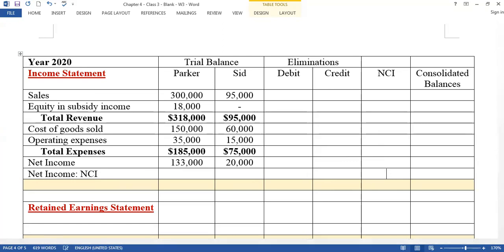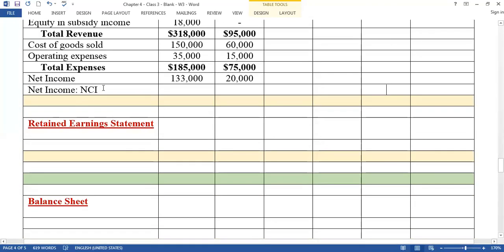We have to create a new cell for net income of NCI. Now we can create a total net income. This is the total column, because we have several net incomes, right? So we make it now as a total. If we calculate the total, we find that here it is $133,000.